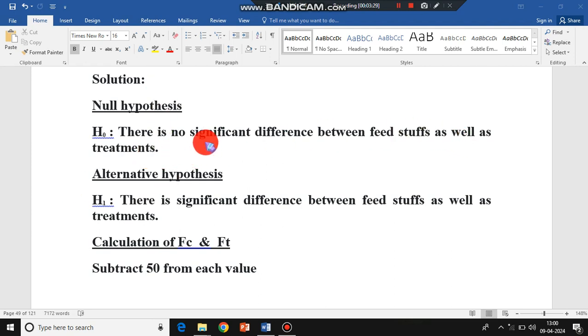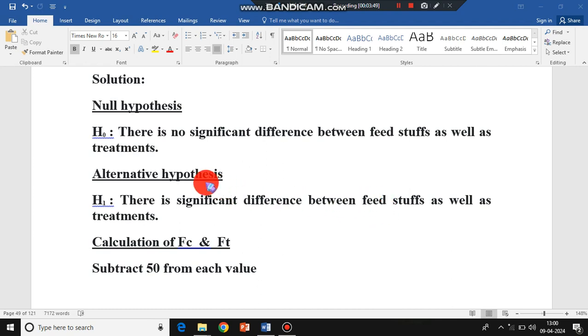If that is the case, the alternative hypothesis holds. Therefore, the alternative hypothesis for foodstuff is that there is a significant difference between foodstuffs, or feedstuffs, we can say.